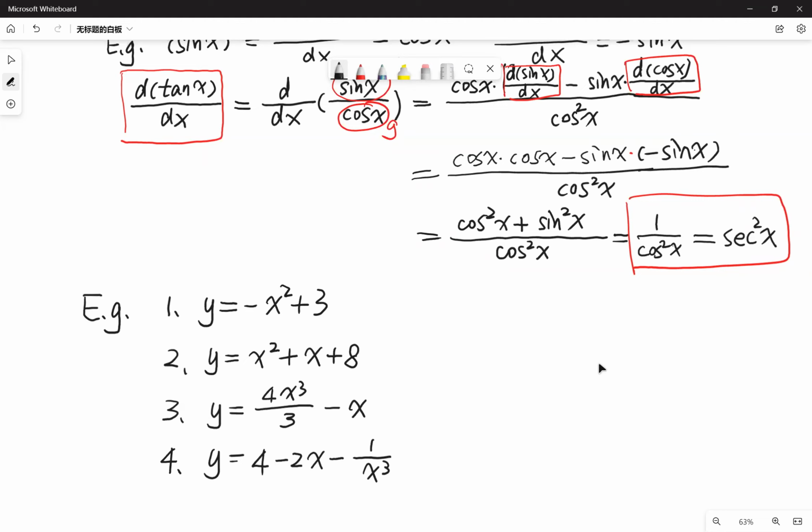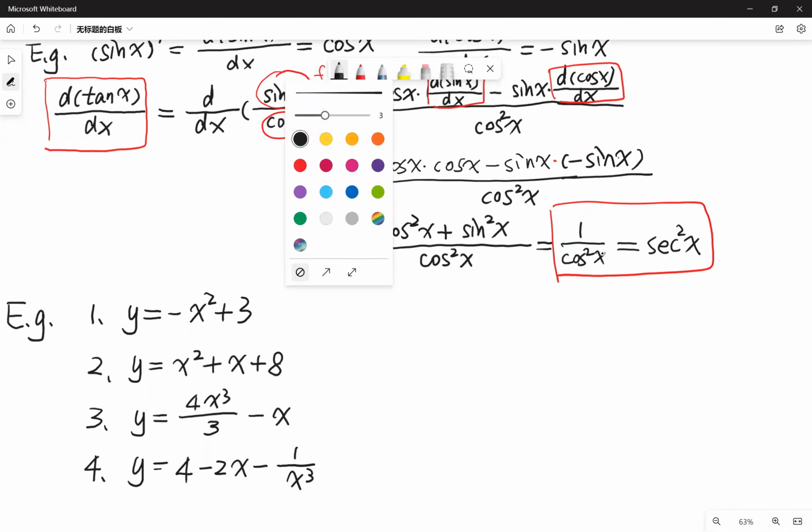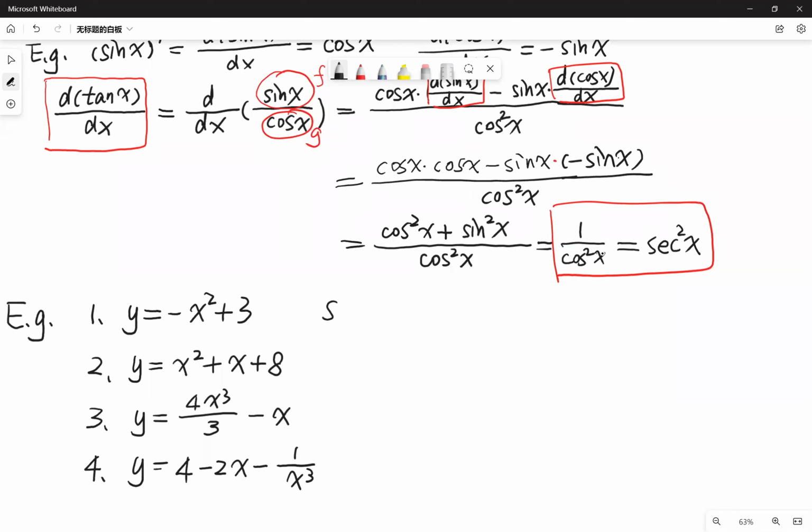Yeah, let's go to explain these examples. I think these four are not difficult, right? We will give the simplified solutions here. The first one: we use the sum rule, right? And we calculate the derivative part by part.